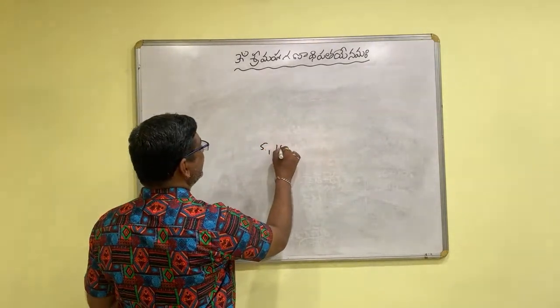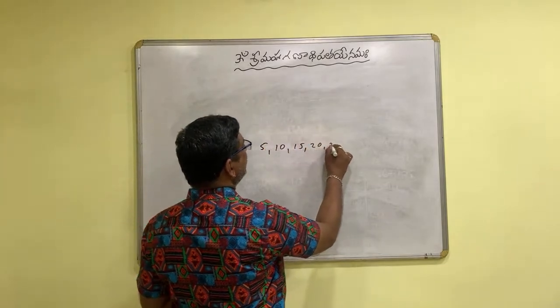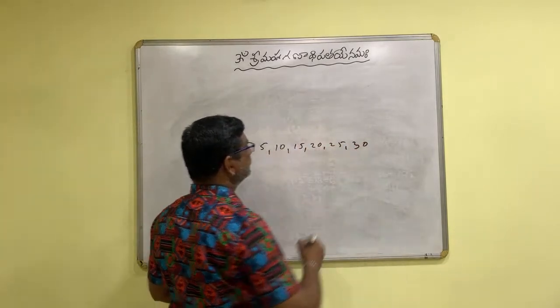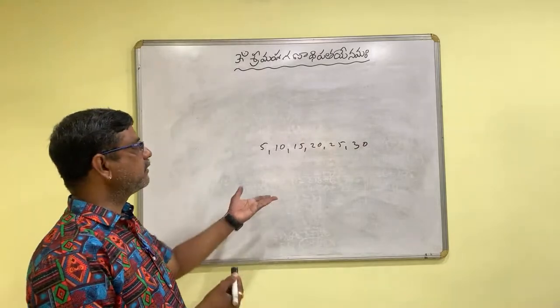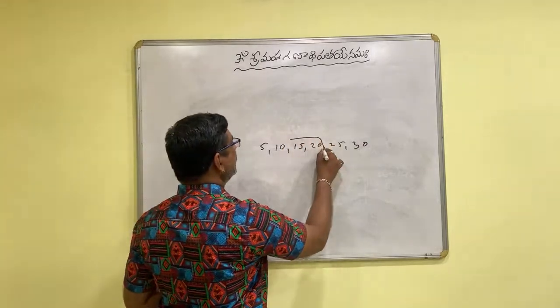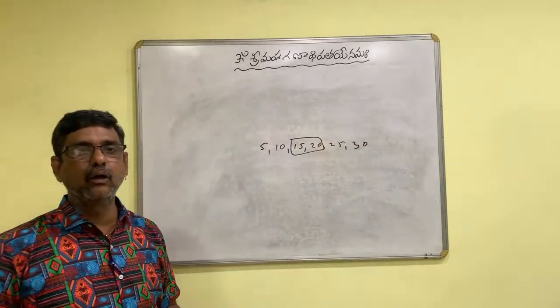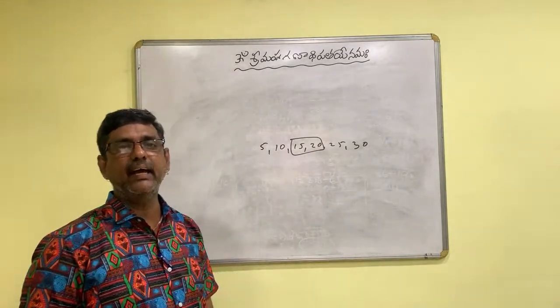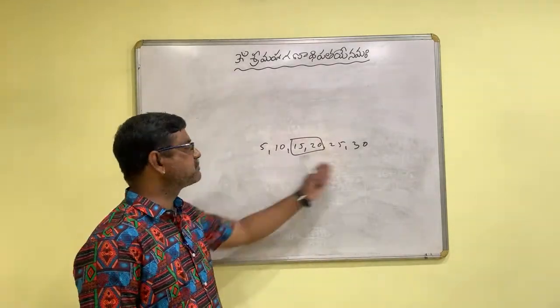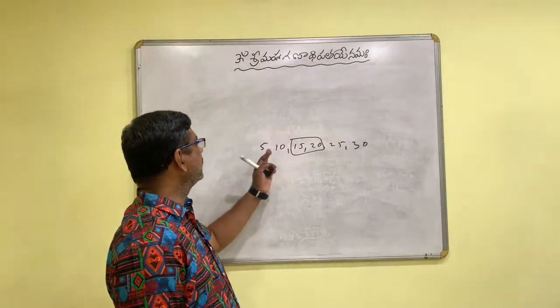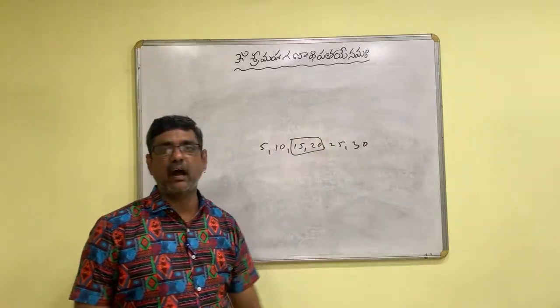See, 5, 10, 15, 20, 25, 30. So what are the middle terms of this progression? 15 and 20 are the middle terms of this progression, because 1, 2, 3, 4, 5, 6, there are 6 numbers.